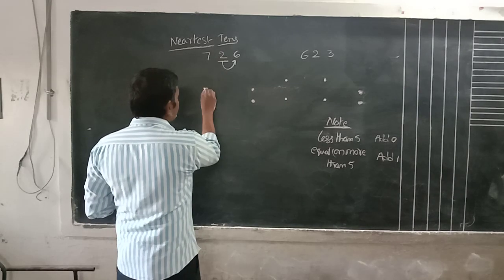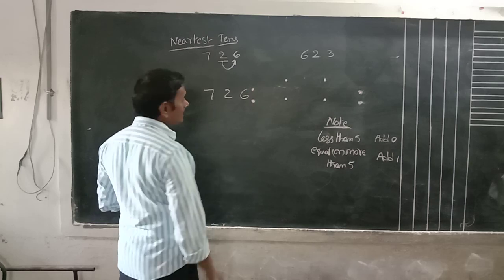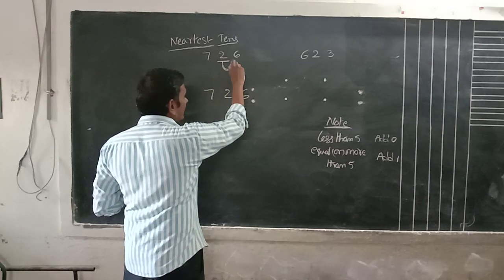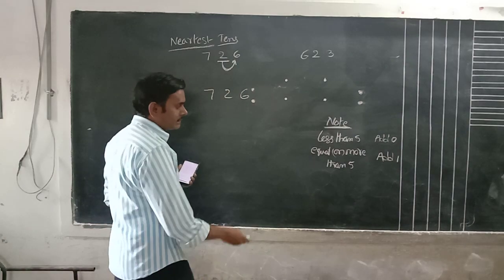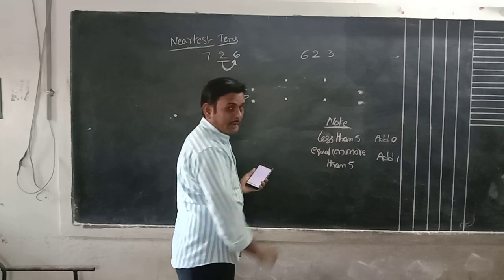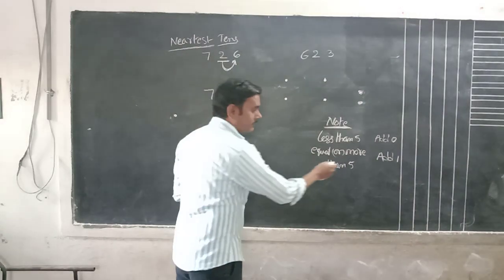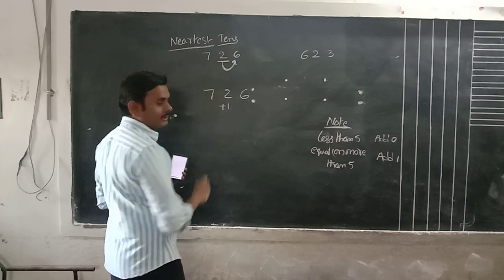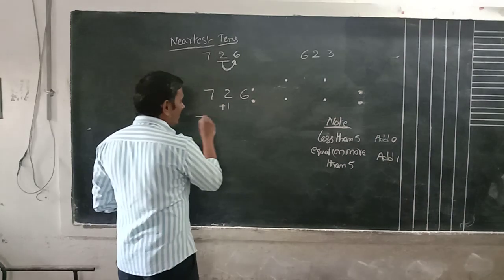Now look here, 726. I underline the tens place here. Which number is on the right side of the underline? 6. 6 is related to the second condition, equal or more than 5, so we add 1 to the underlined number.